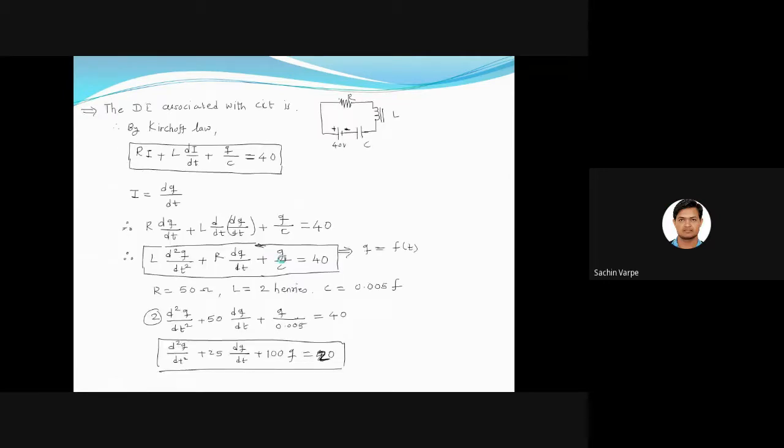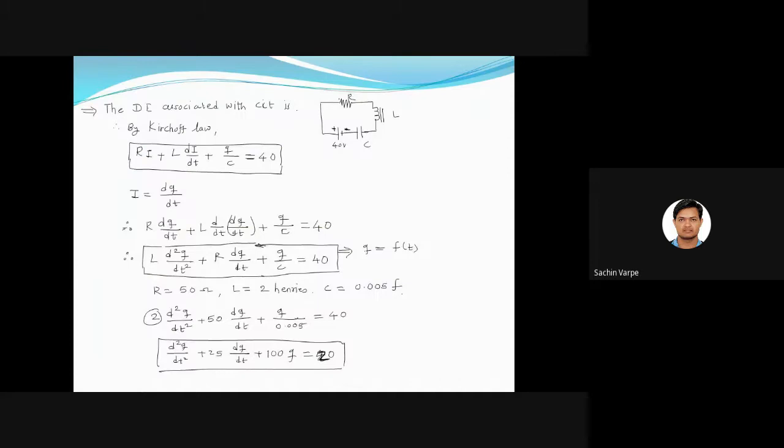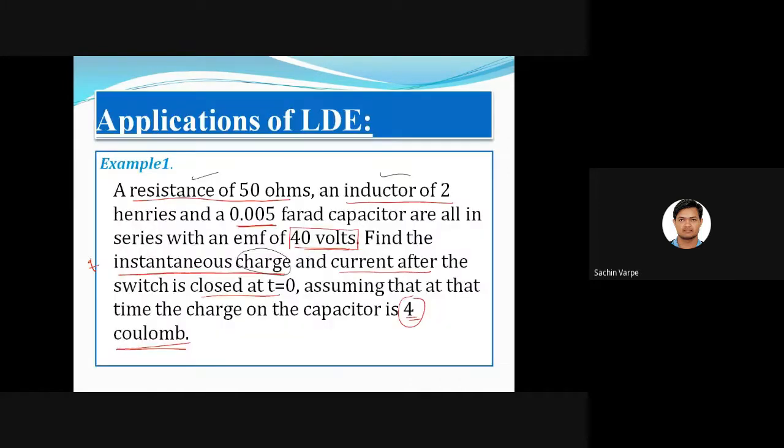This is the instantaneous charge flowing through the circuit, but as they have given the initial condition, what is the charge flowing through the circuit initially? That is given as 4 coulomb, at t equal to 0.